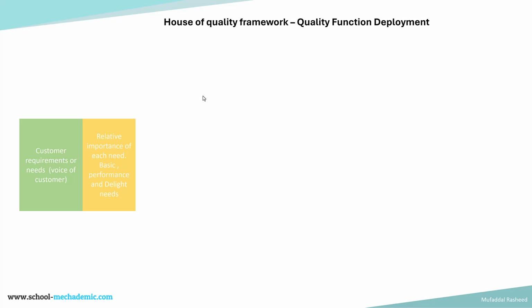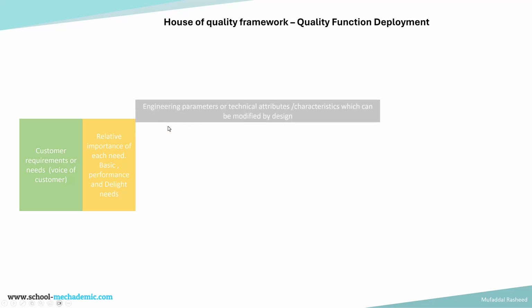The customer did not ask for it, but it led to a lot of happiness for the customer because it was a great feature. So those kinds of needs which are not related to performance or basic needs but can lead to delight. So there are various levels of needs, and those customer requirements have to be categorized relatively based on that.